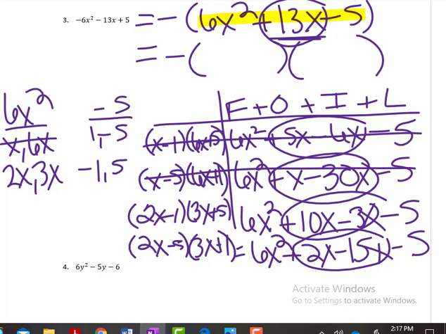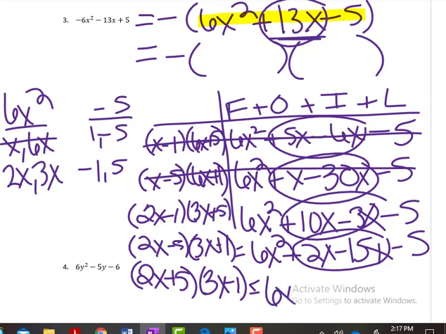So what I'm going to do is change the signs inside. Okay, and when I do first, outer minus 2x, inner plus 15x, and then last is a minus 5. All right, so again, notice how important it was that my focus change from what was outside the original to what's inside the parentheses.